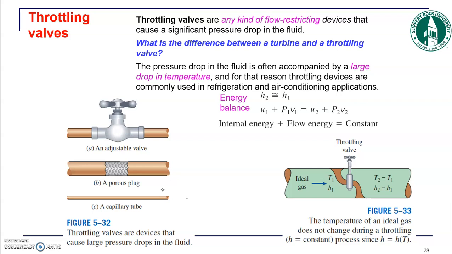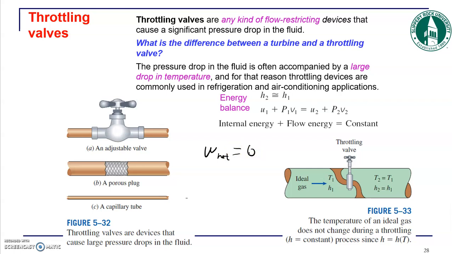In a turbine, your flow energy will be converted into work. However, in a throttling valve, that's not happening. There is no work being produced or applied to the system. So the net work, which is the difference between work input and work output, is 0.